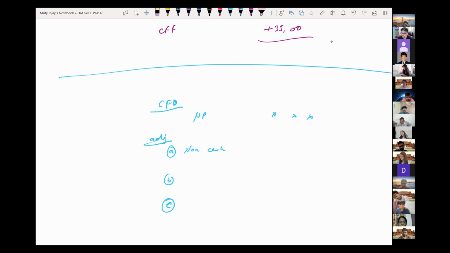We need to adjust for them. Similarly, we can have non-operating items. And finally, we will have changes in working capital. Okay, I'll explain all of these one by one. Basically, what do I mean?